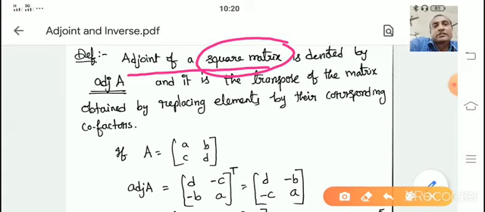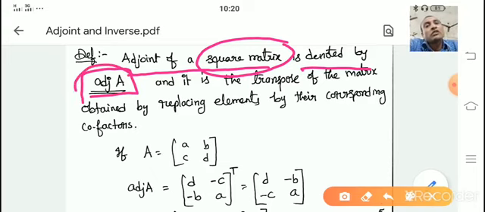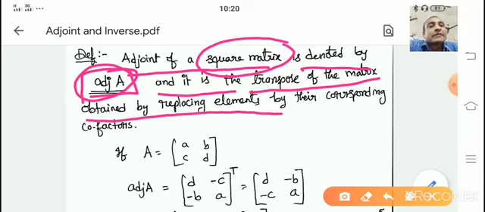We denote adjoint of a square matrix by adjoint A. That means adjoint is also a matrix. And how to find it? It is the transpose of the matrix obtained by replacing elements by their corresponding cofactors.